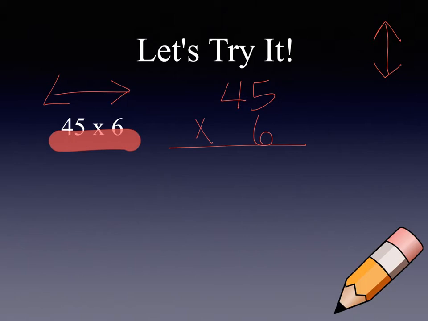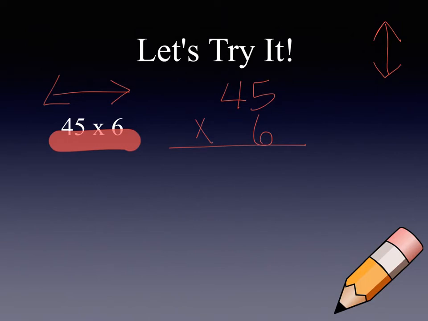Alright, so with the standard algorithm, I always start in the ones place. So in the ones place on the bottom right here, I have a 6. What I'm going to do is take that 6 and multiply it by every place value that's in the number. Okay, so in this number 45, I only have a tens place and a ones place.